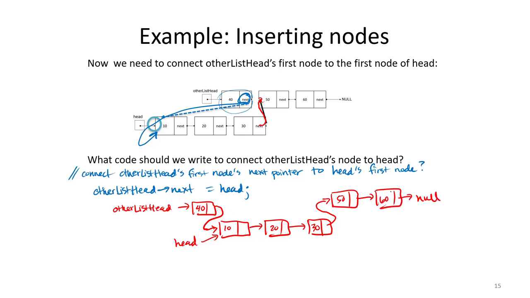So now we have successfully inserted head's 3 nodes into other list head's list. Notice the one issue that remains is that we have to update our head pointer to still point at our very first node.